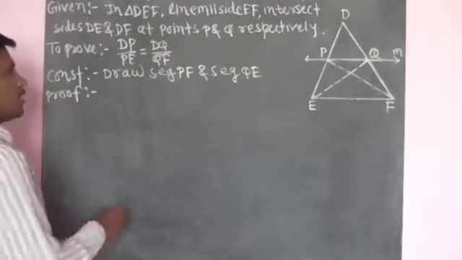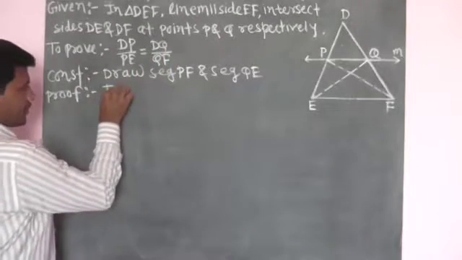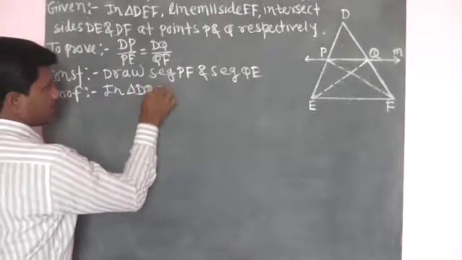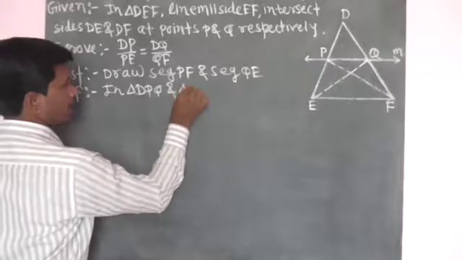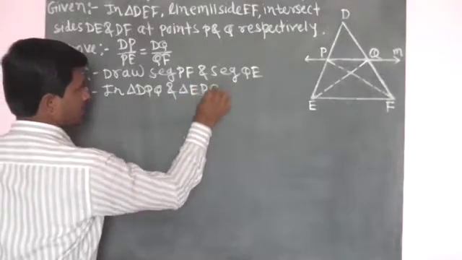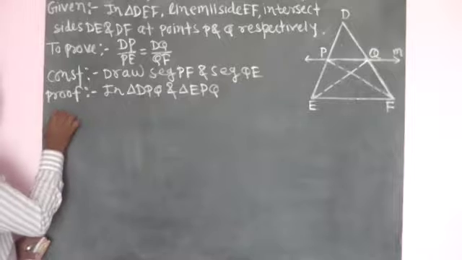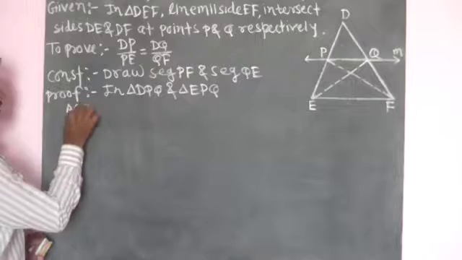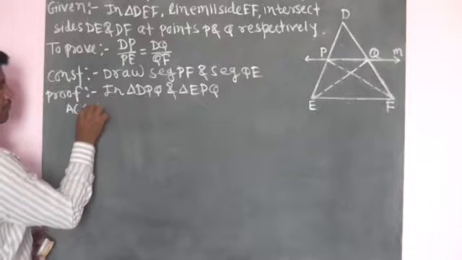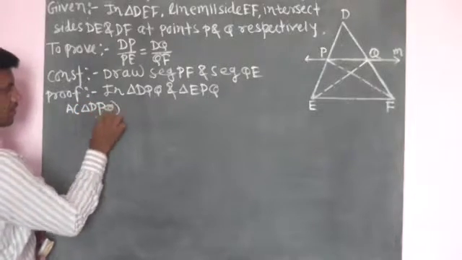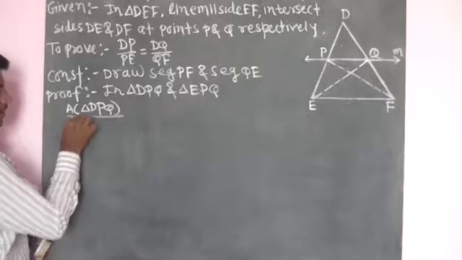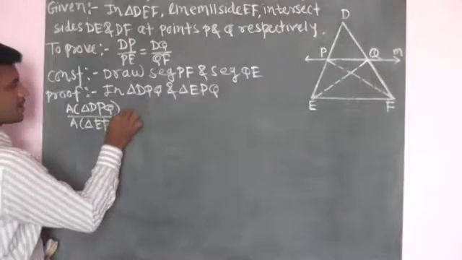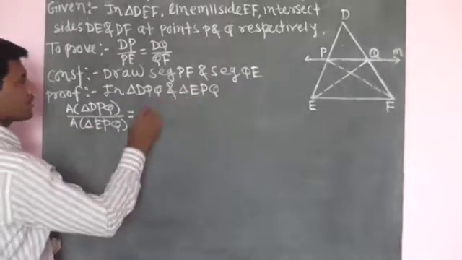Therefore, in triangle DPQ and triangle EPQ, using the property of the ratio of areas of two triangles, area of triangle DPQ divided by area of triangle EPQ is equal to the ratio of their corresponding bases.